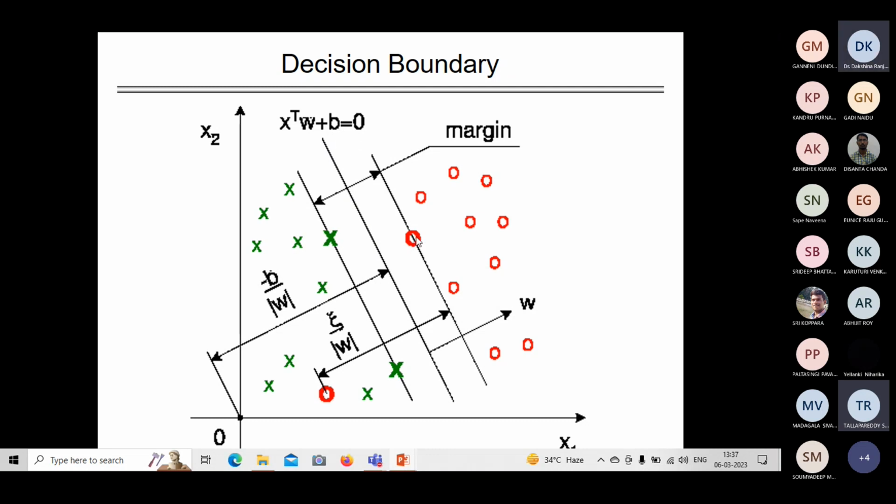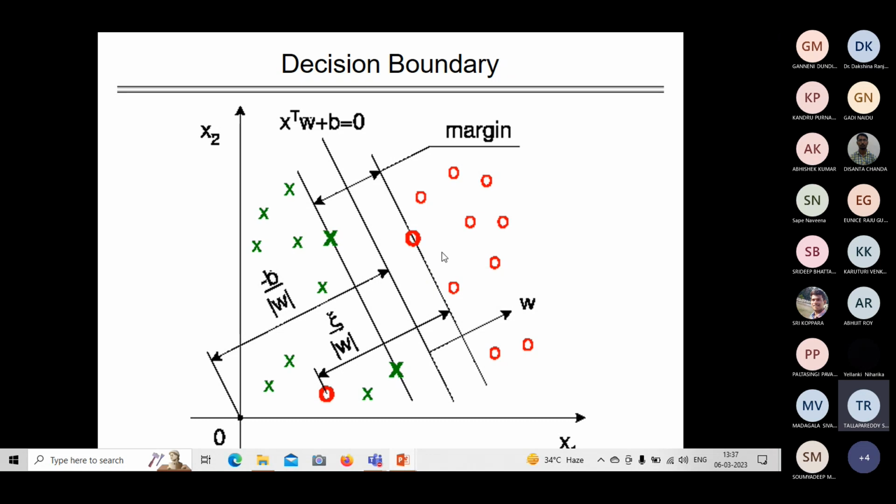That means if these support vectors are deleted, let's say we delete this support vector, we are not getting this point from class C2, and we are not getting these green points from class C1.